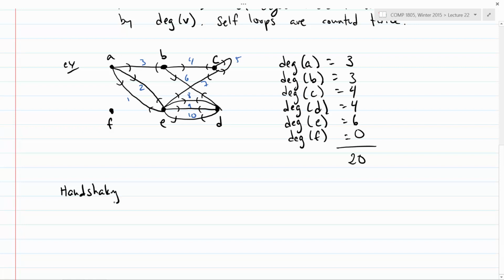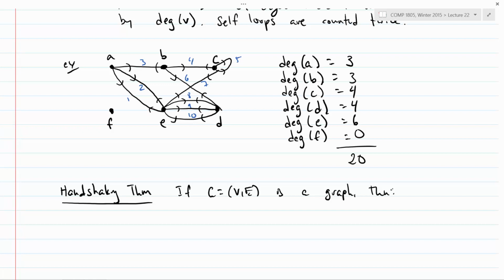And the handshaking theorem says that this observation really does hold for every graph. So if G equals V comma E is a graph, then I need some way of saying that the sum of all the degrees is twice the number of edges.